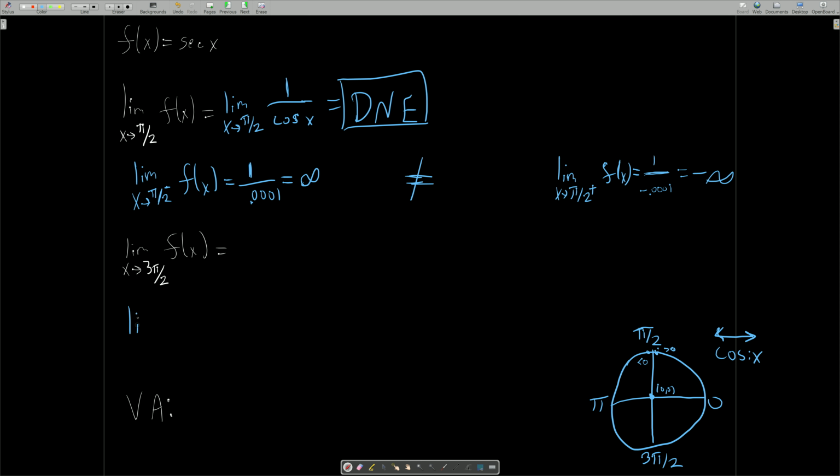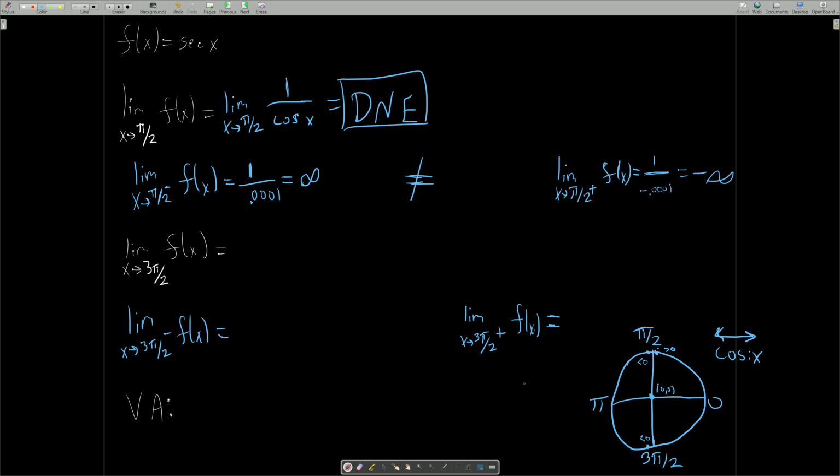Now I can do the same thing for 3 pi over 2, from the left and from the right. So for 3 pi over 2, if you're approaching it from the left, you'll get a value that's slightly less than 0.